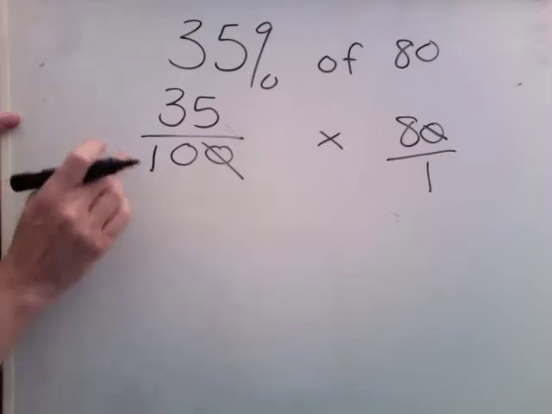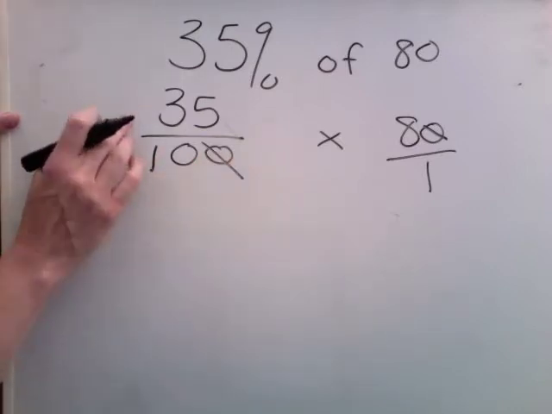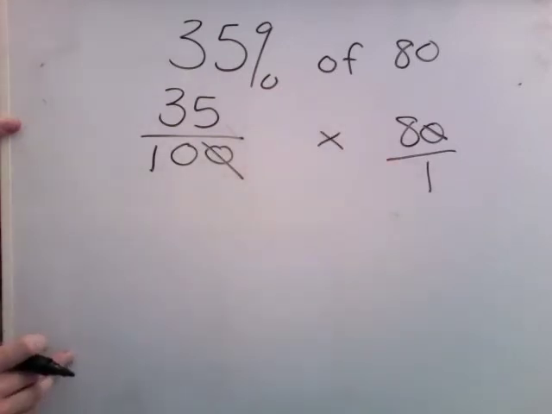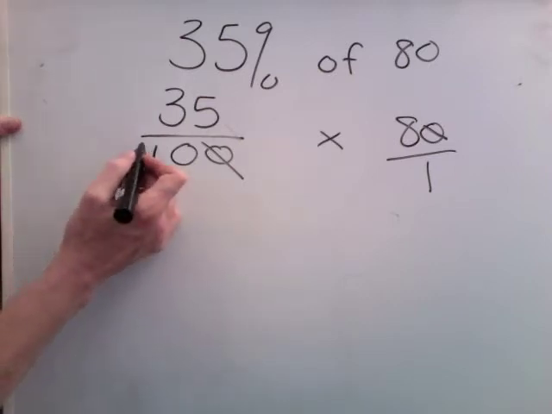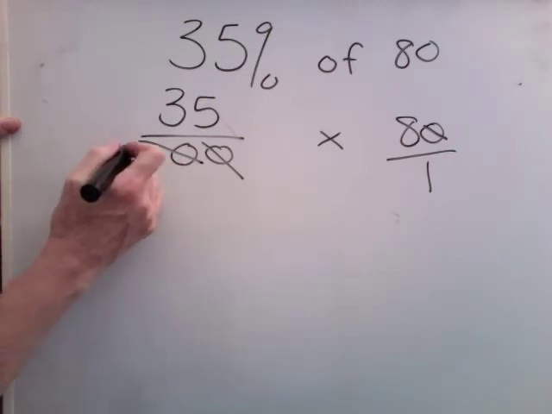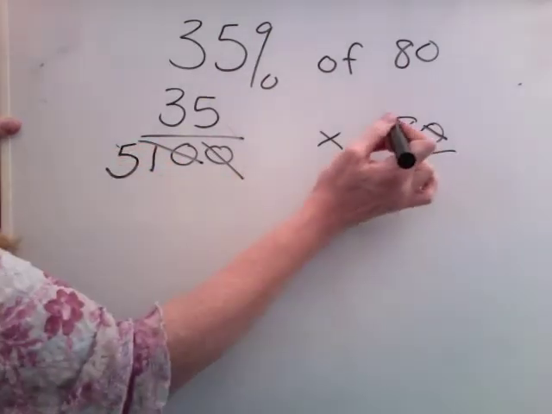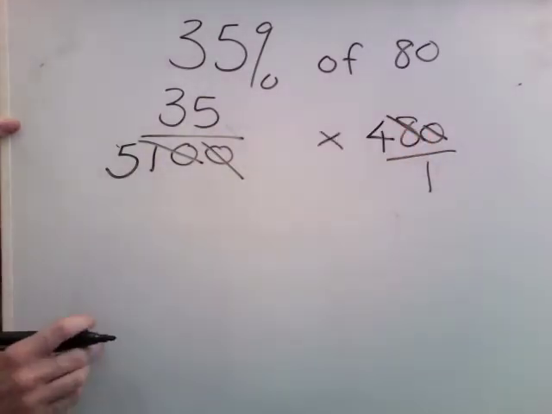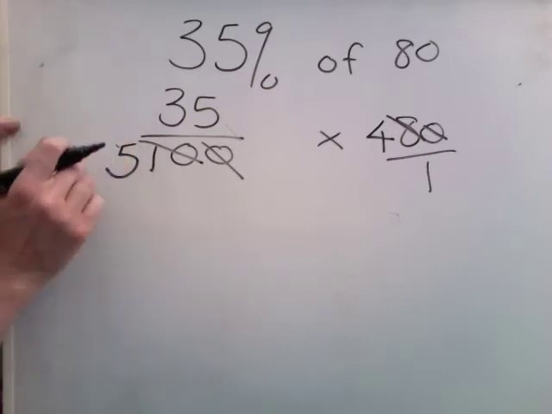And I'm left with 35 over 10 times 8 over 1. I can cancel further. I could divide this by 5, divide this by 2, which will give me 5, and divide this by 2, which will give me 4. And finally, I can simplify here.